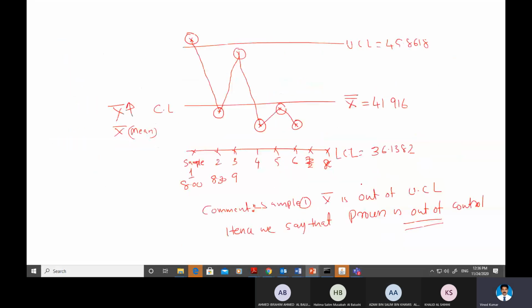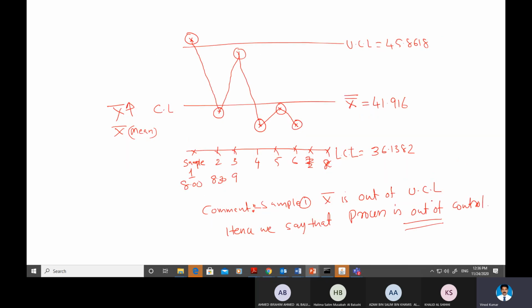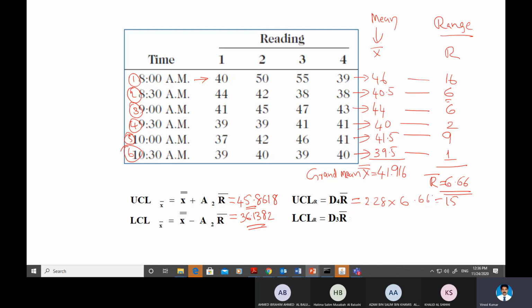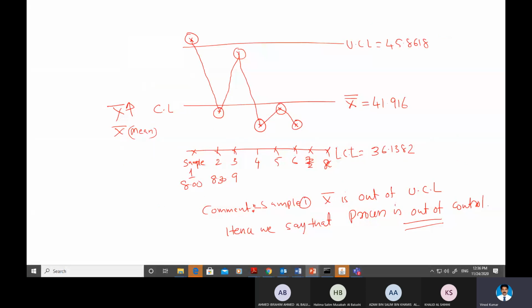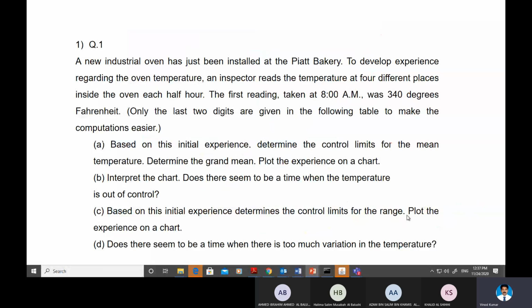So 2.28 multiplied by R bar. R bar is 6. How much is the value? As you explained, 15.1848, right? Yes, doctor. And this becomes 15.18. And this becomes 0. So this is the upper and lower limit of the R chart, range chart.